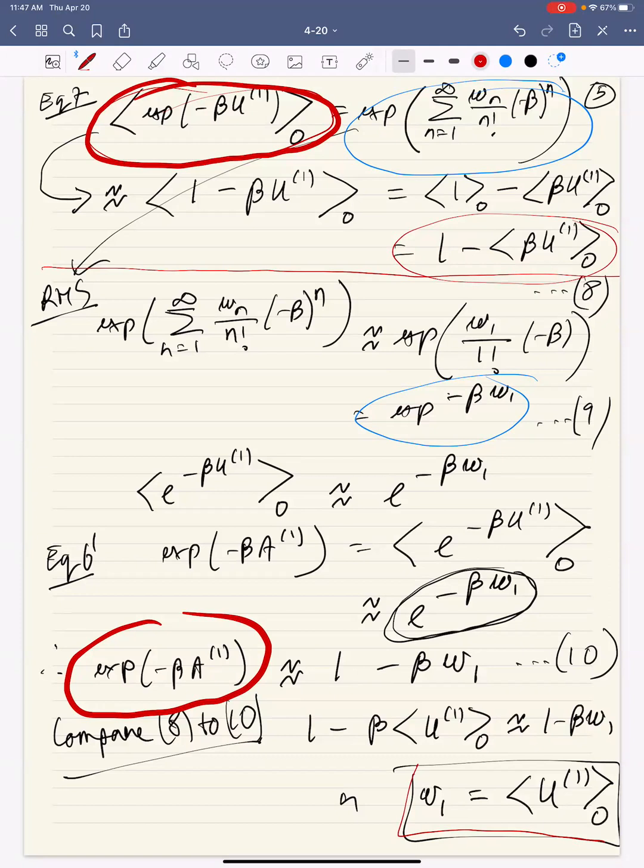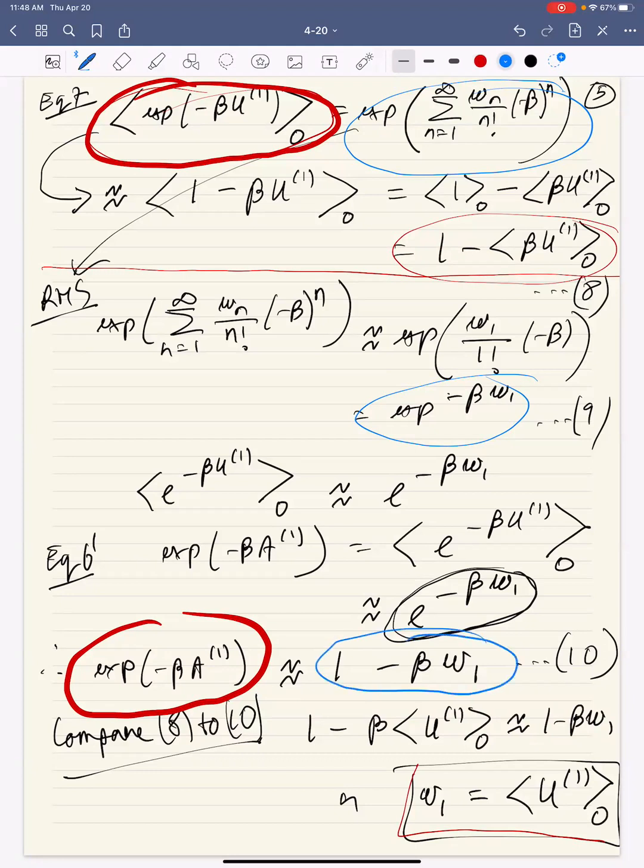So what you're doing here is to compare. What I did over here is I took this expansion that I wrote in equation 8 and wrote it again. At the same time, I took this part in blue, e to the power summation, and I said I will just look at the first part of the summation, that becomes e to the power minus beta W1, and then I expanded that one as 1 minus beta W1.